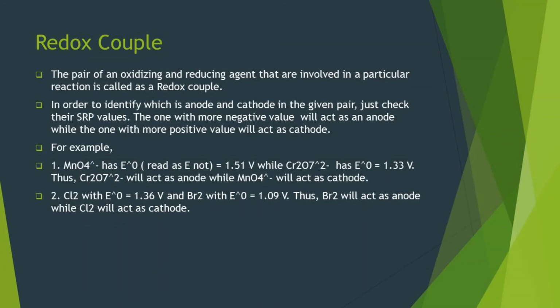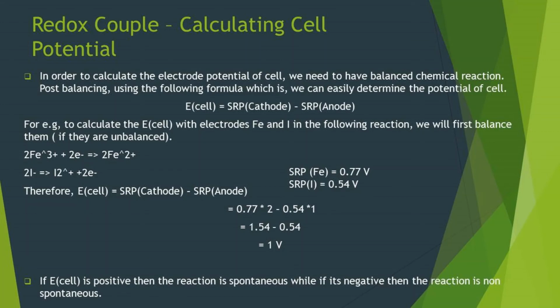Now the second example. Cl2 with E0 equal to 1.36 volt and Br2 with E0 equal to 1.9 volt. Thus, Br2 will act as the anode while Cl2 will act as the cathode. Now we will learn the calculation of cell potential.